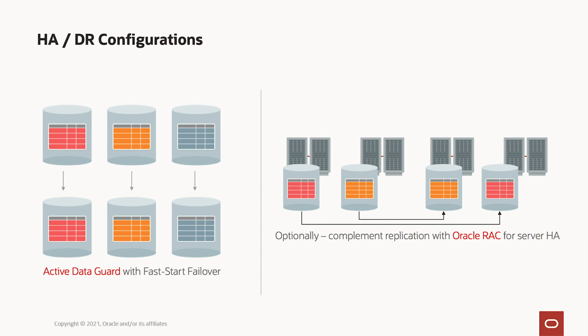Another big bank in Europe, one of the biggest banks out there, is using a similar configuration where each of the shards can actually be a two-node RAC cluster. As I said before, these shards can be deployed as single instance databases in a shared nothing architecture, or if one wants, they can be deployed on a RAC cluster as well.